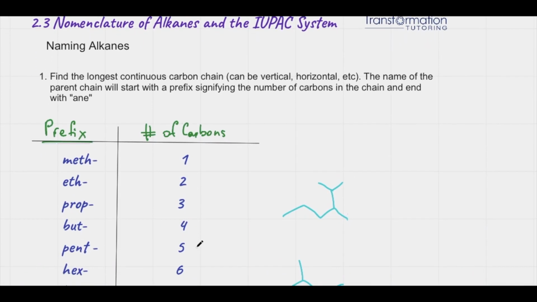First, in order to name alkanes, we have to find the longest continuous carbon chain. And this carbon chain can be vertical, horizontal. It can be first horizontal and then go up, or it can go diagonally. And this chain is called the parent chain. And if we have an alkane, which means all single bonds, it will end in -ane.